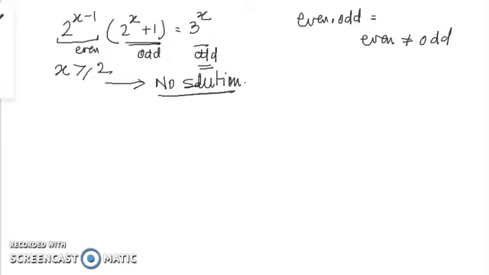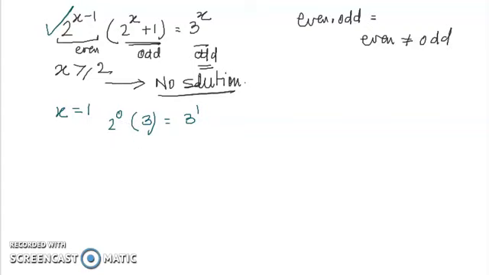Now let us check for x equal to 1. So if we plug in the value in this result, we can see 2^(1 minus 1) is 1, and 2^1 is 2 plus 1, that is 3, is equal to 3^1.